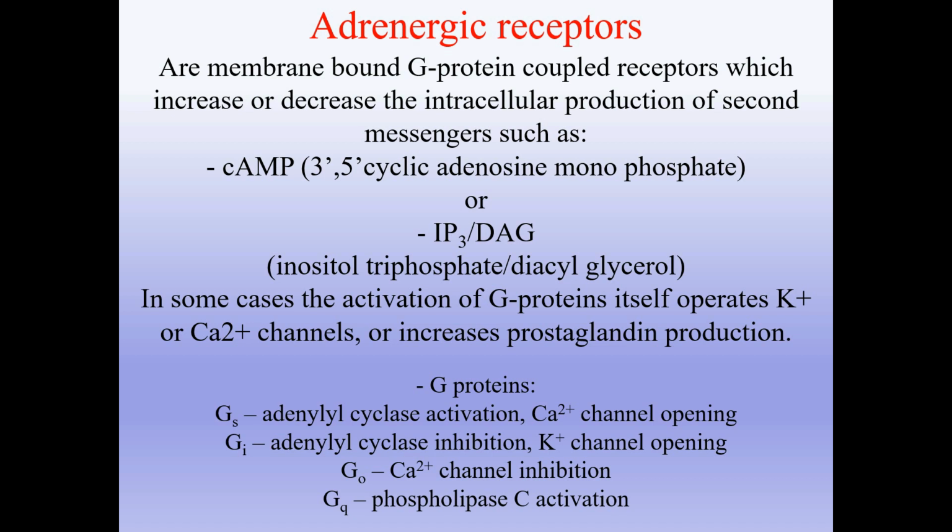In some cases, the activation of G proteins itself operates potassium or calcium channels or increases prostaglandin production. G proteins: GS, adenylyl cyclase activation, calcium channel opening; GI, adenylyl cyclase inhibition, potassium channel opening; GO, calcium channel inhibition; GQ, phospholipase C activation.